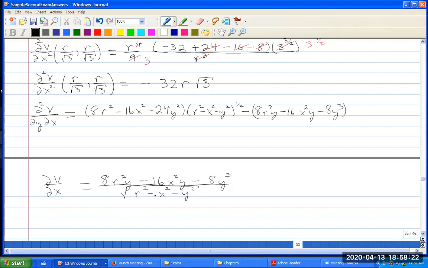And so bring down the exponent 1/2. Rewrite what's inside to the power of 1 less, times the derivative of what's inside, all divided by the denominator squared.